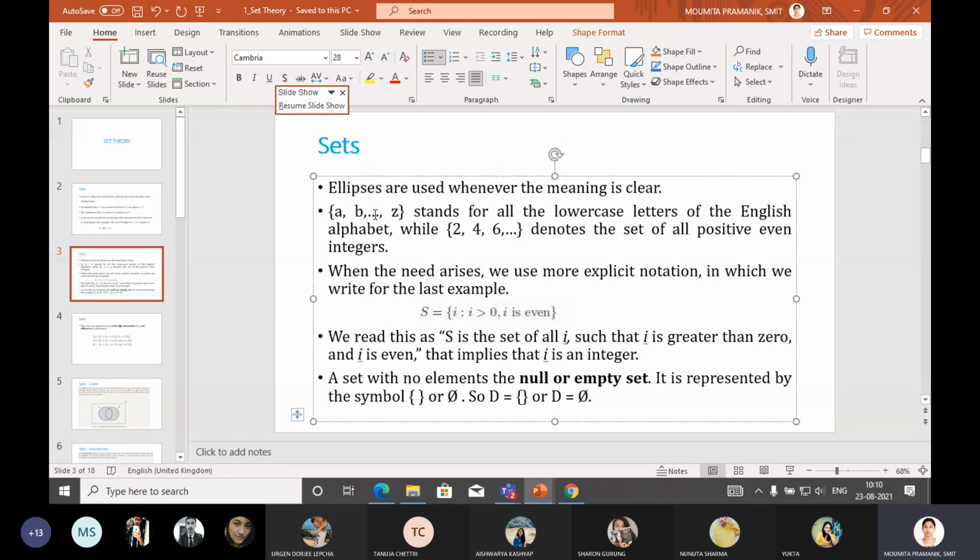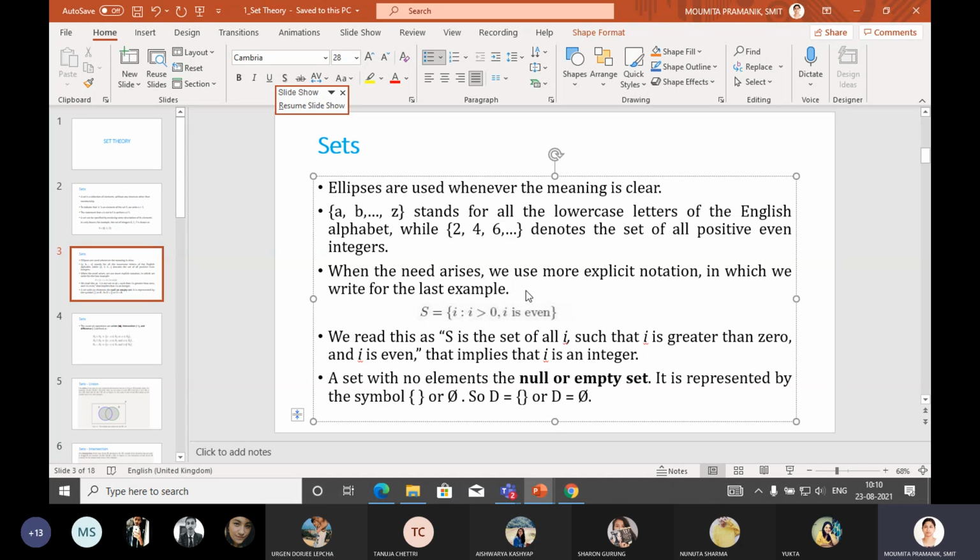So when there is a clear meaning, we can use the ellipsis, the dots. If you represent some alphabet, we can use this, or while we are representing some integer value or positive integer value, we can use it with the number. And more explicitly you can write the set also.